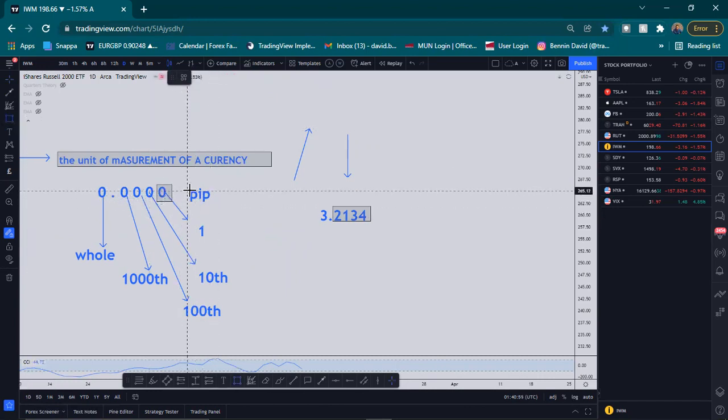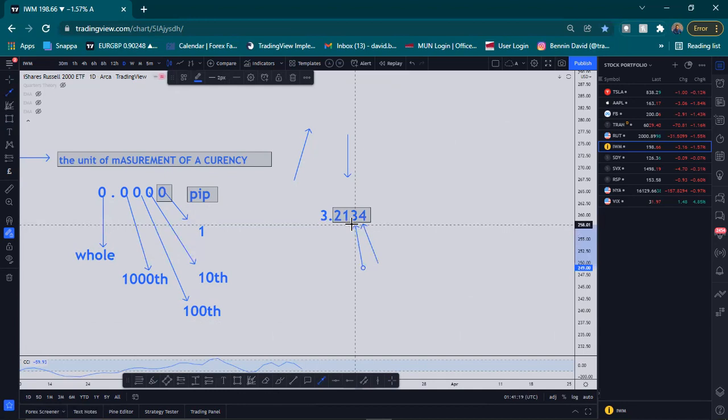There are some of you that might know that, right? Don't worry yourself about that for now. You can worry about it later in the future when you understand pips and you start trading and you say, okay, what is a pipette? I want to look at it. That's when you look at it. So looking at this, this position is called the pip. Here we have 4, so this is 4 pips, 30, 100, 2,000.